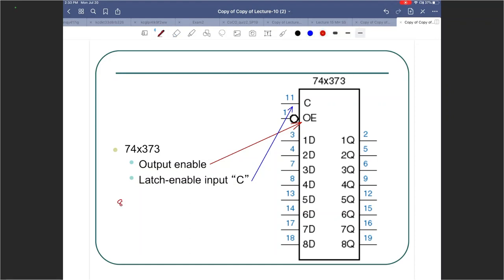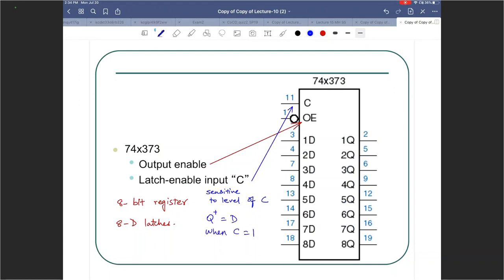This is again an 8-bit register. Now this guy doesn't have flip-flops, it will have simply D latches, sensitive to level of C. So Q plus equals D when C equals 1.